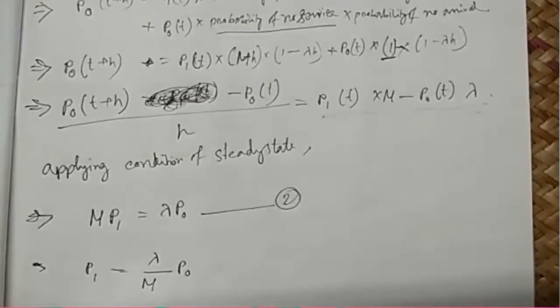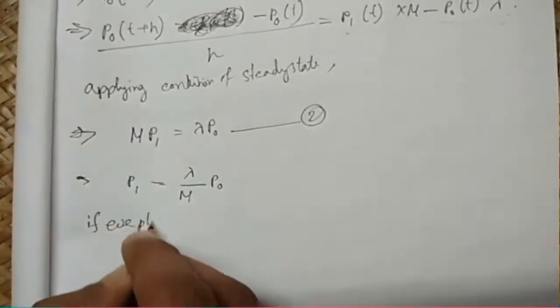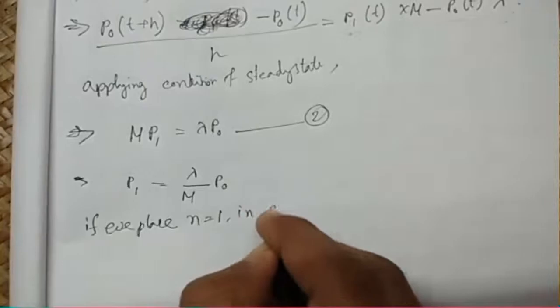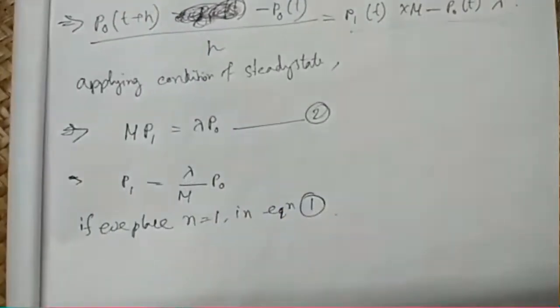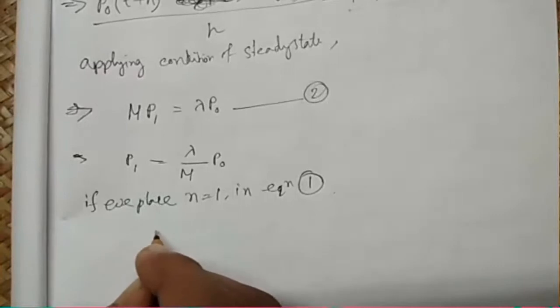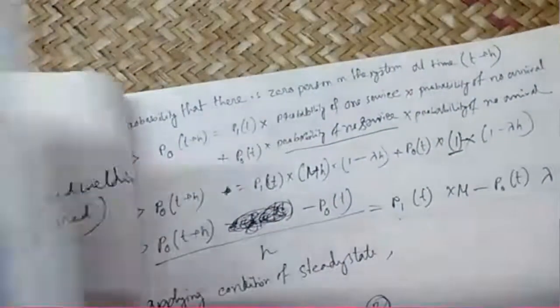Now, in equation 1, earlier we have derived equation 1. If we place n is equal to 1 in equation 1, I hope you remember equation 1. I'm writing this up, lambda into, I'll just write equation 1 so that you can relate.